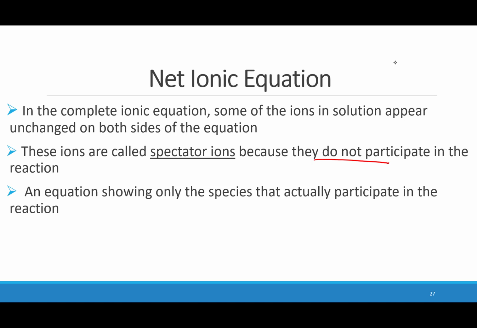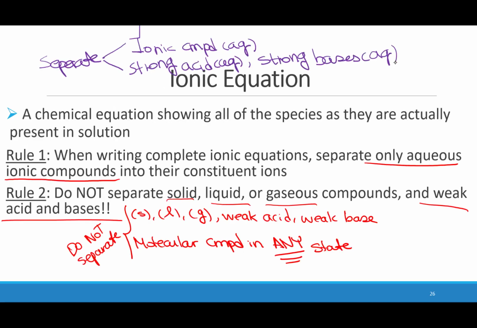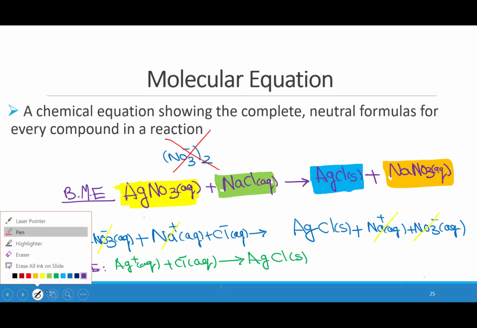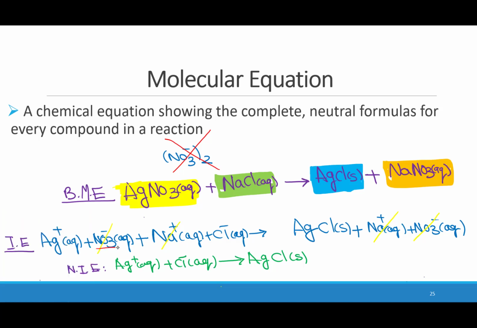And spectator ions do not participate in the reactions. Then if I go back to my equation, the nitrate ions are repeating themselves on each side. The nitrate ions are repeating themselves.